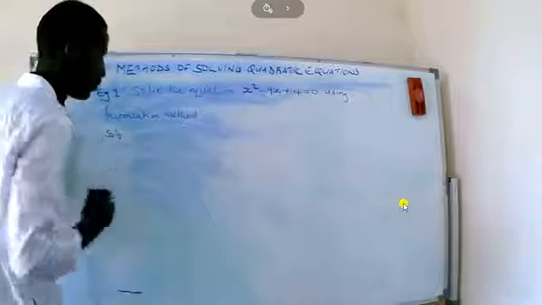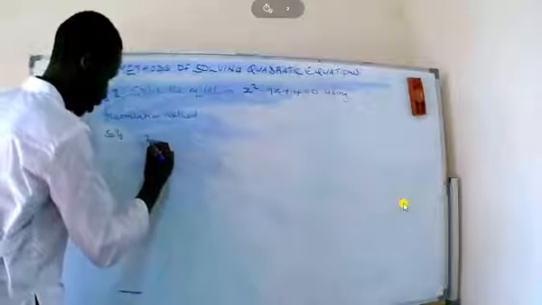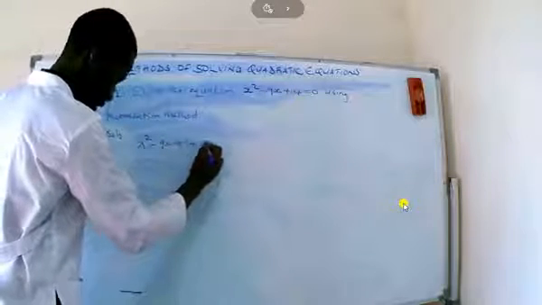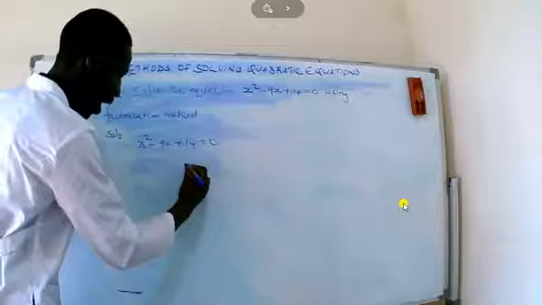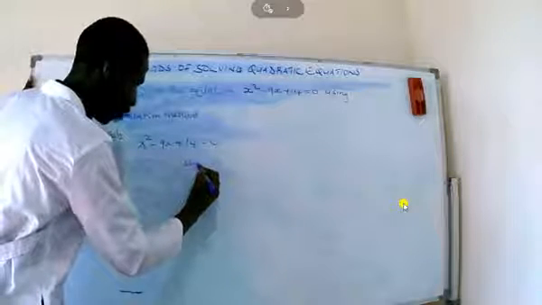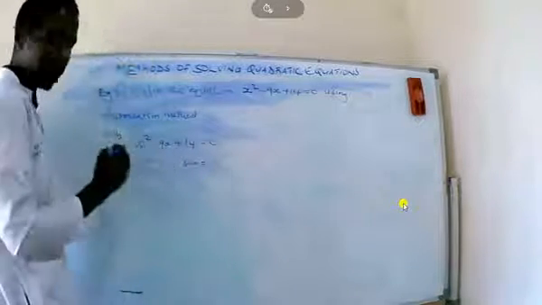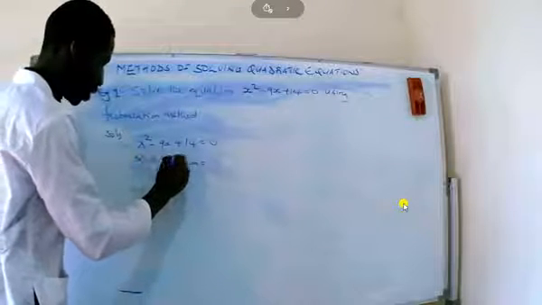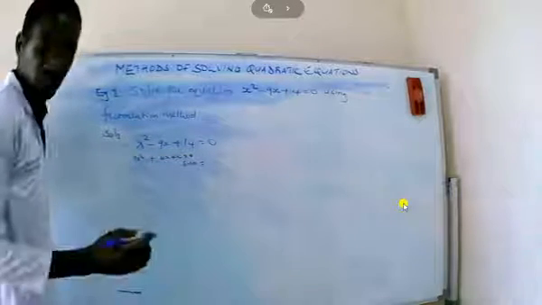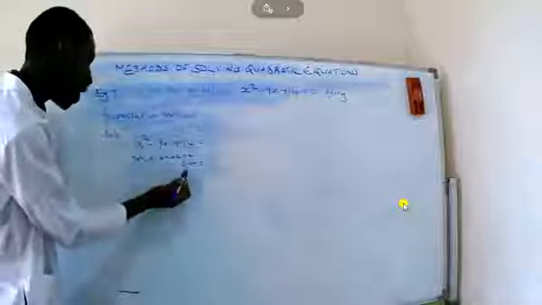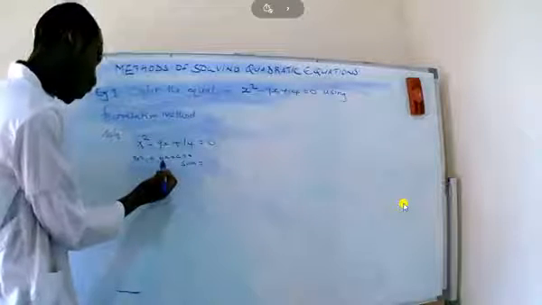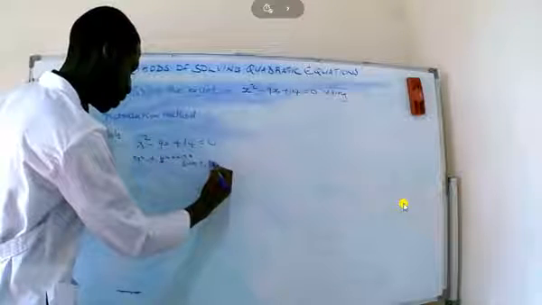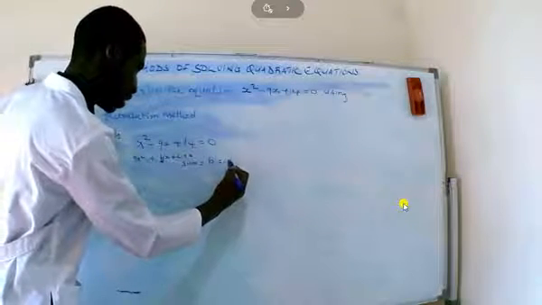In our solution, if the equation is x squared minus 9x plus 14 equals 0, I first get the sum. If you recall, the sum is b. When you compare this with ax squared plus bx plus c equals 0, you realize that the sum, which is b, is in this case negative 9.